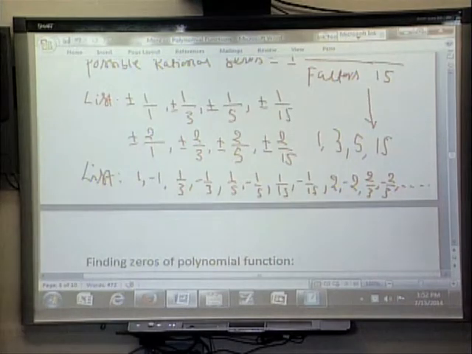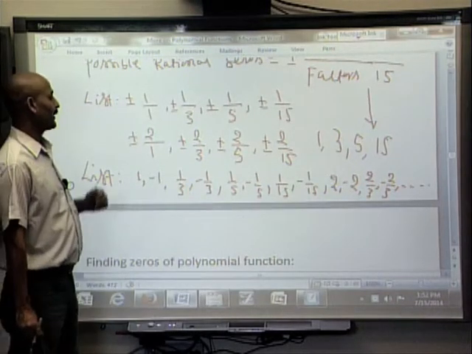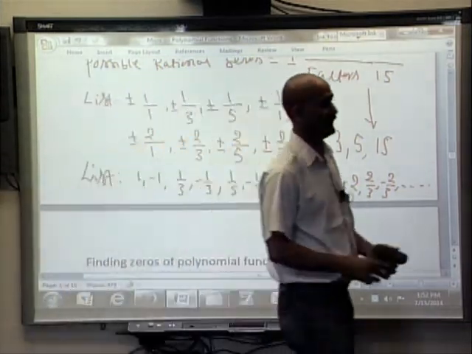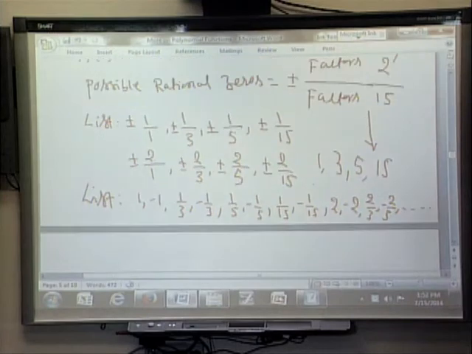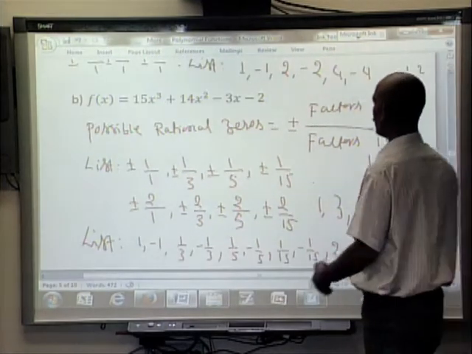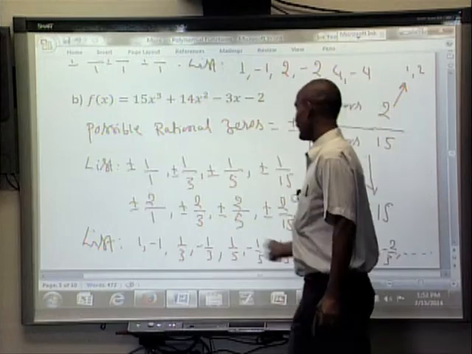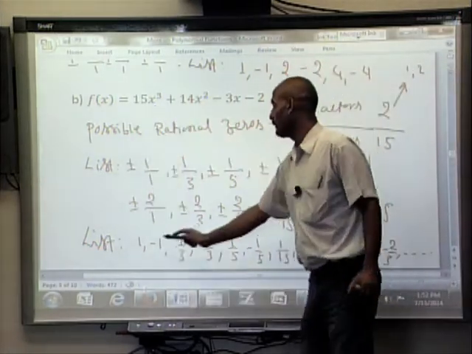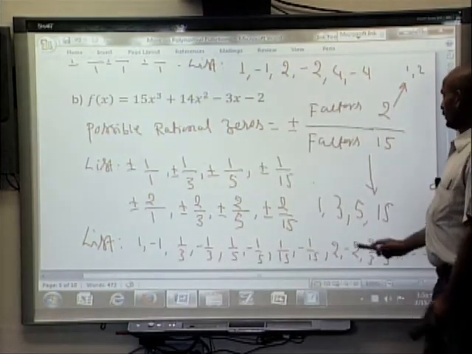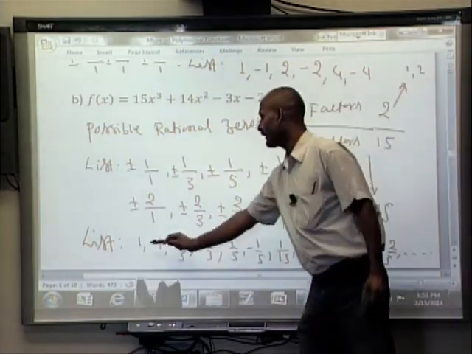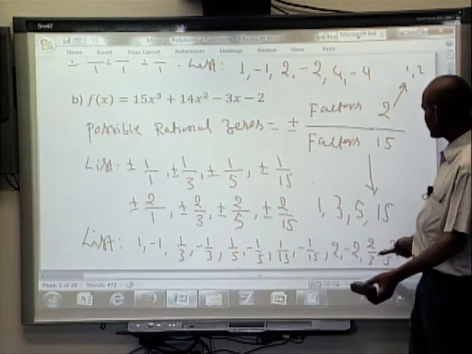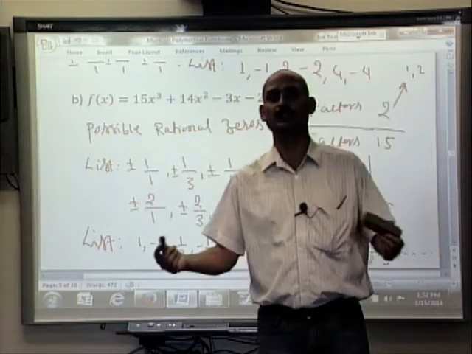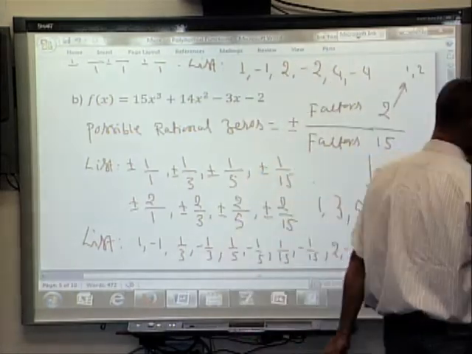So, basically if the given polynomial has any rational zero, it should be one of these, meaning that 20 cannot be a zero of this polynomial because 20 is not in the list. Even 3 cannot be a zero of this polynomial because 3 is not in the list. 2 can be, negative 2 can be, 1 can be, negative 1 can be, some fraction like 2/3 and negative 2/3 can also be a zero of that polynomial.